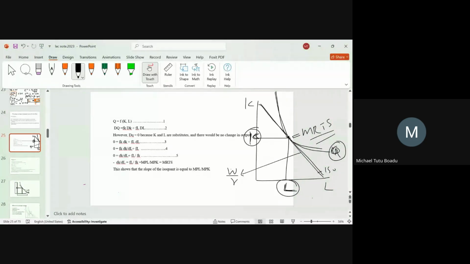So at equilibrium, the slope of the isocost should be equal to the slope of the isoquant, the marginal rate of technical substitution. And the marginal rate of technical substitution is the marginal product of capital over the marginal product of labor, or vice versa. So let me quickly take you through how that is derived.